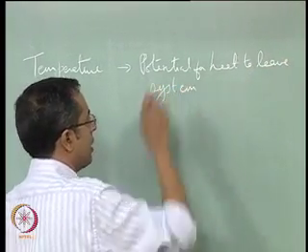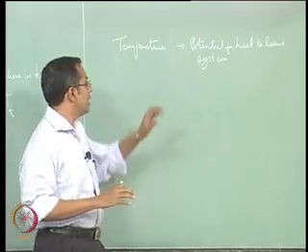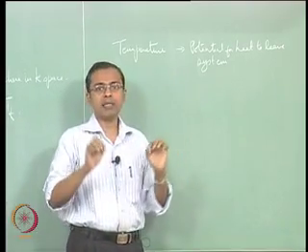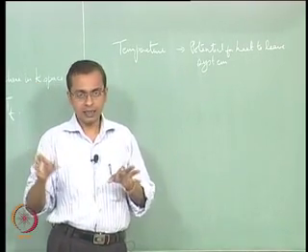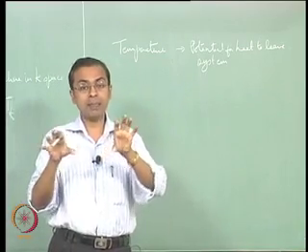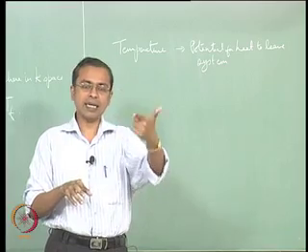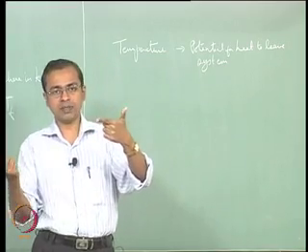So, you can think of temperature as being the potential of heat. It is a measure of the heat in the system, but more importantly it is a measure of the potential for heat to leave the system. In other words, if you bring two objects of different temperatures in contact with each other, whichever has a higher temperature has a greater tendency to get the heat out of the system.